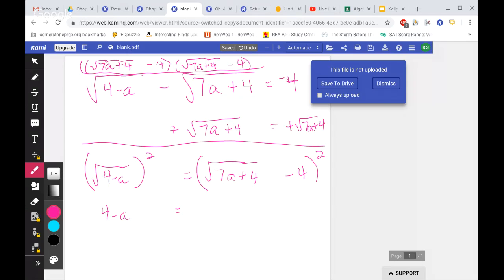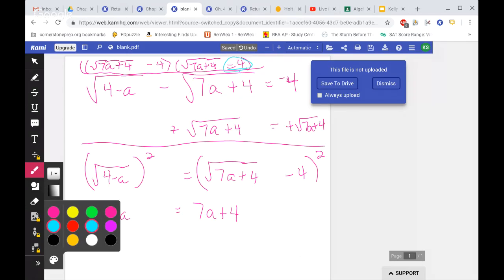Foiling it, I've got -4 times this, that's my outside. So that's going to be -4 root 7a plus 4. And then the inside is the same thing, which is -4 times, oops, I ran out of room.